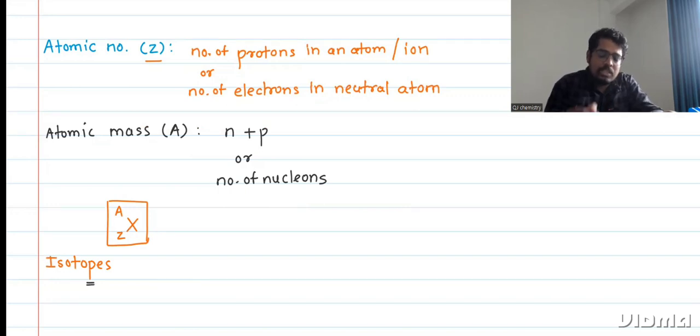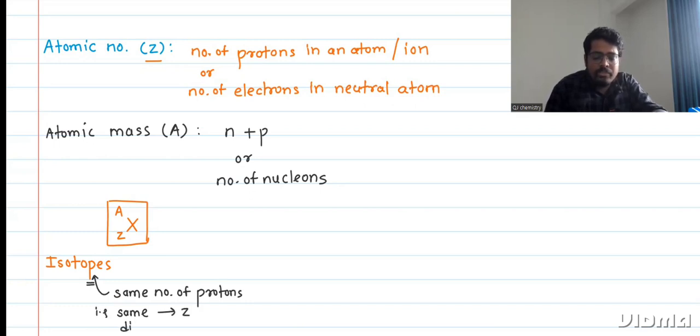Isotopes means the species with the same number of protons. P means proton, same number of protons, that is, the value of Z is the same, but a different value of atomic mass.